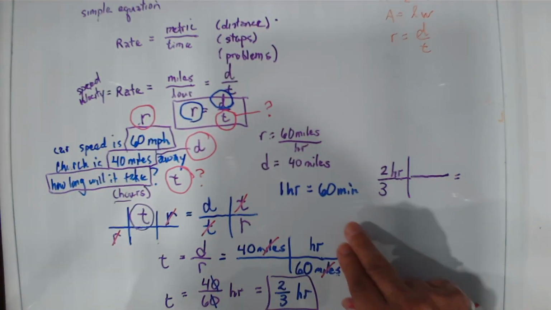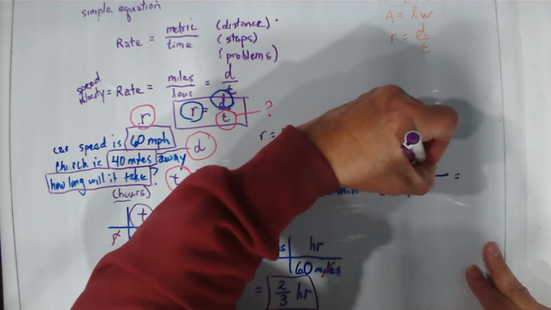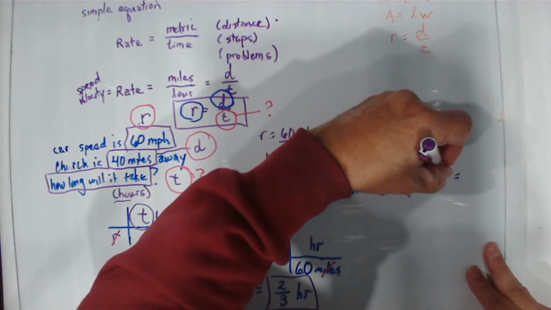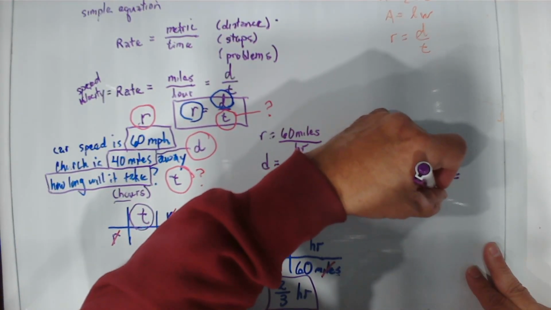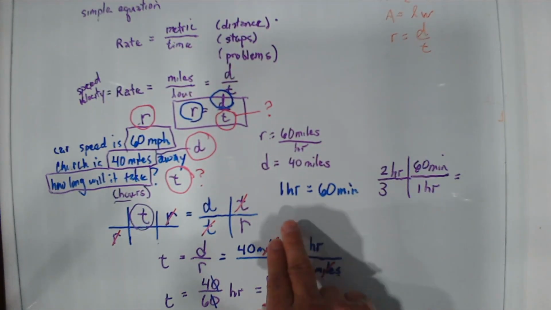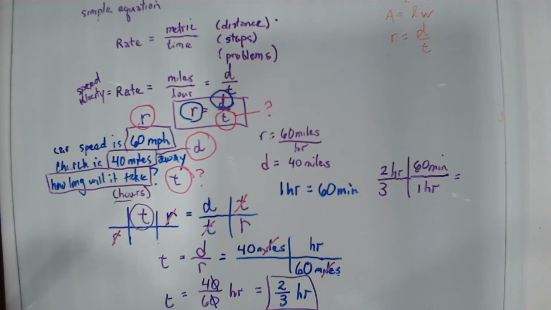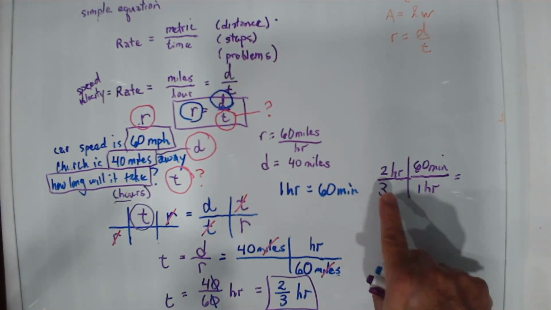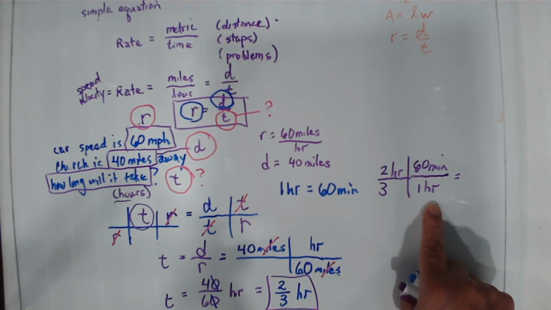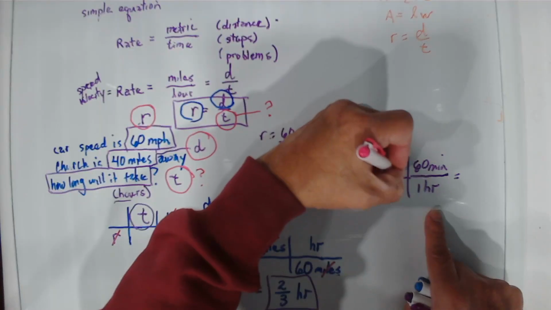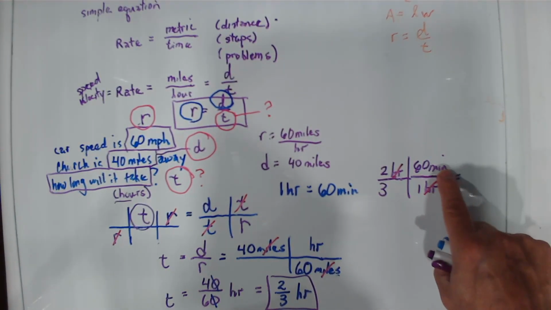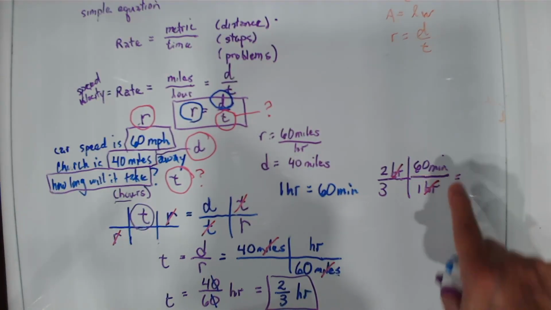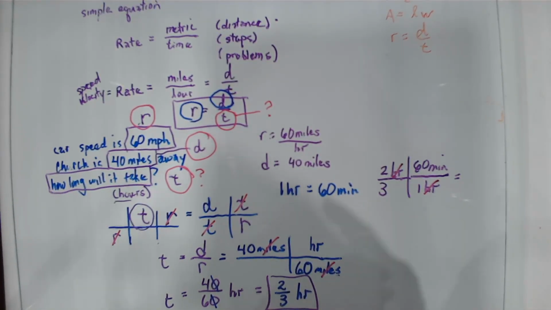I'm going to put the 60 minutes on top, and I'm going to put 1 hour on the bottom. Let's see if this works better. Okay, I got hours on top and hours on the bottom. Oh yeah, those will cancel out. Okay, I canceled those out. Okay, look, I'm left with minutes. Okay, I think this is going to work.